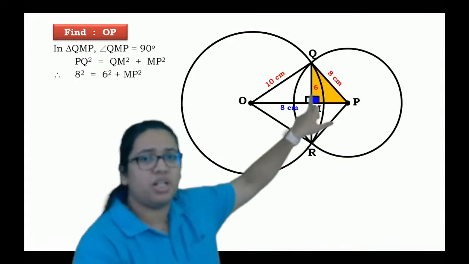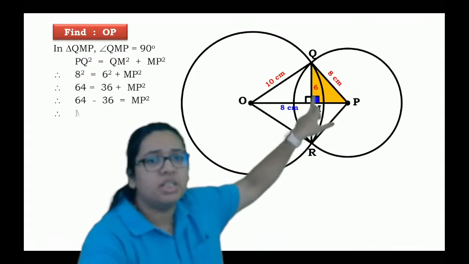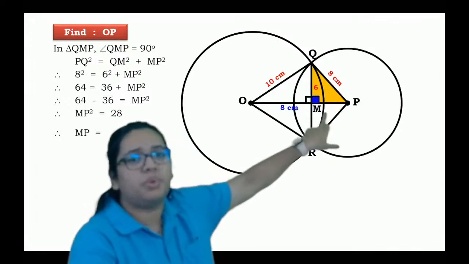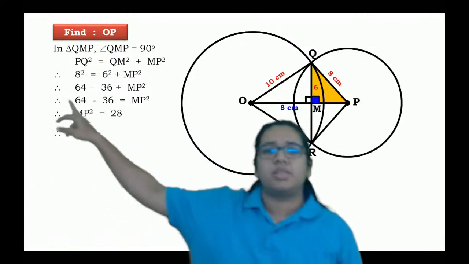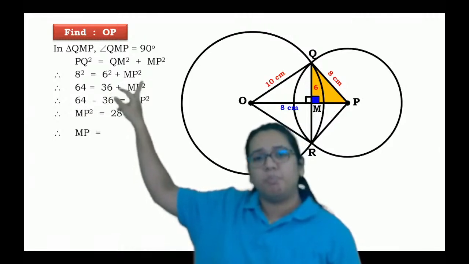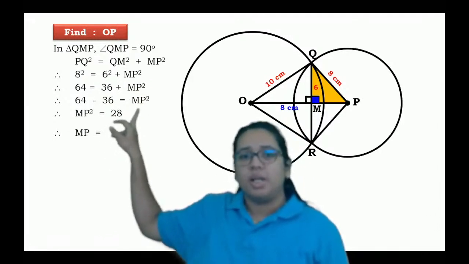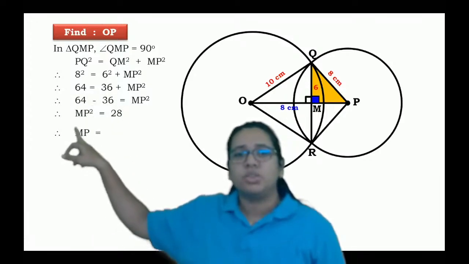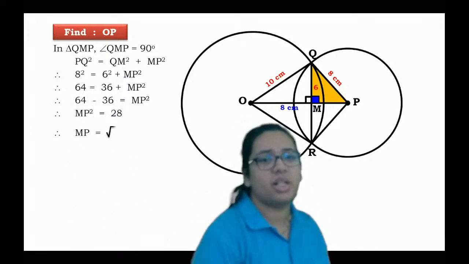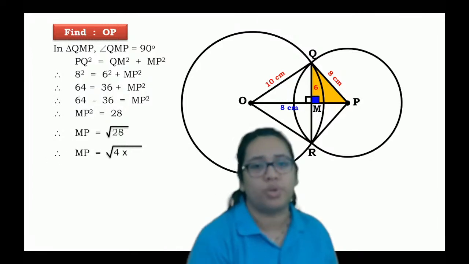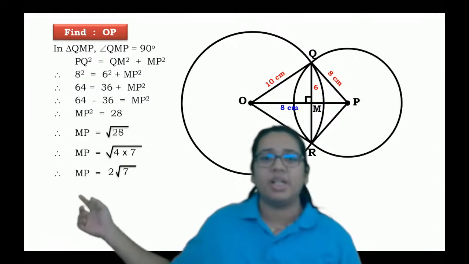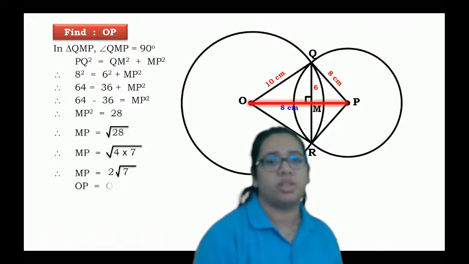Hypotenuse is 8 centimeter and one of the sides is 6. So 8 square is equal to 6 square plus MP square. So MP square is 64 minus 36, so you will get MP square as 28. Hence MP will be root of 28, which is root of 4 into 7, so MP is 2 times root 7.